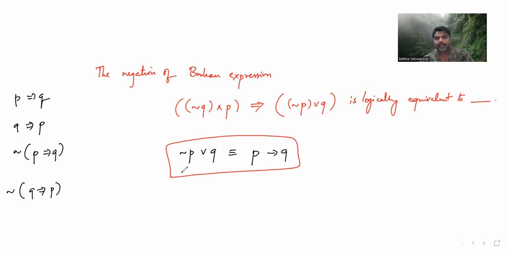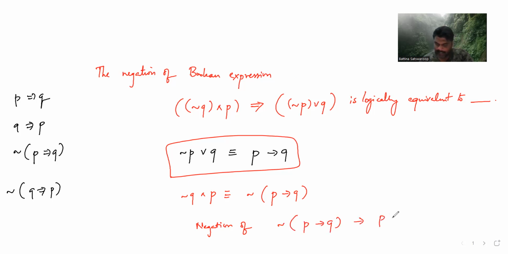Negation of P or Q is equivalent to P implies Q. Similarly, negation of Q or P implies negation of P implies Q. So negation of P implies Q will imply P implies Q, sir.